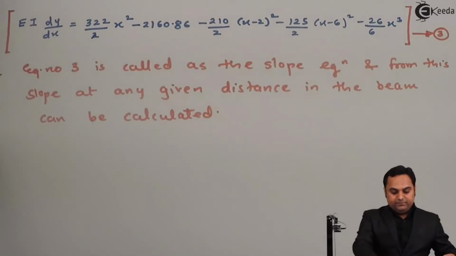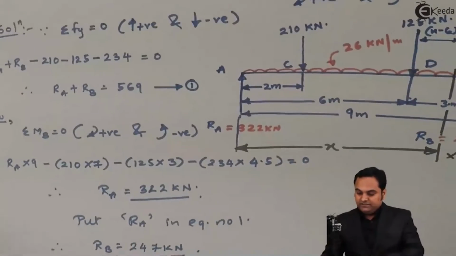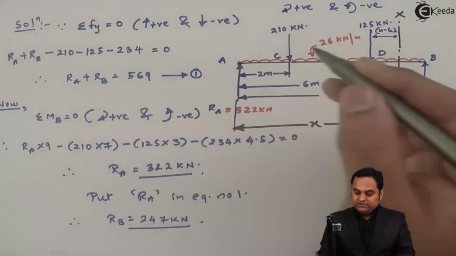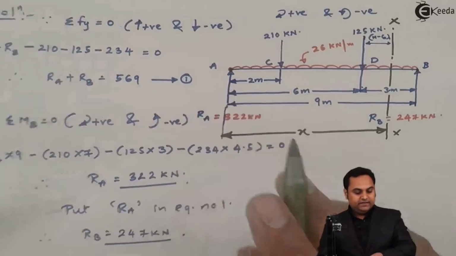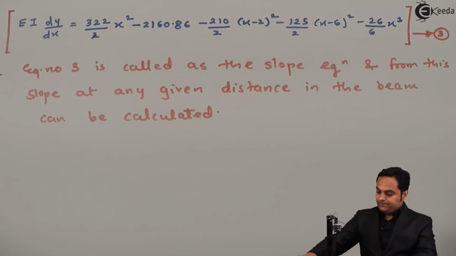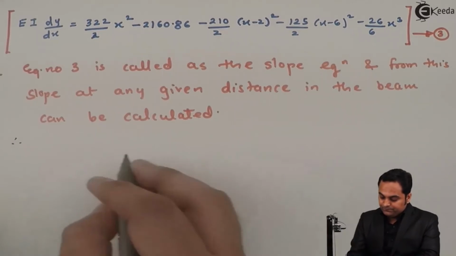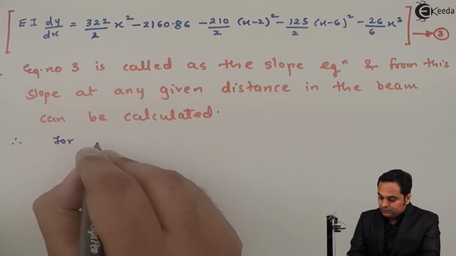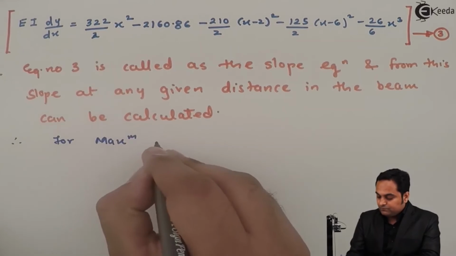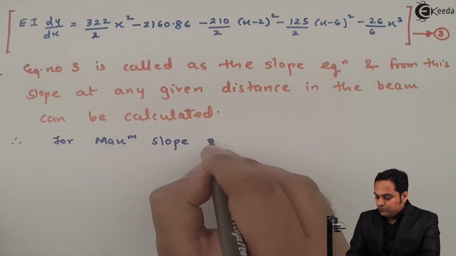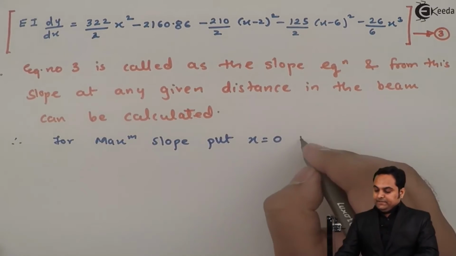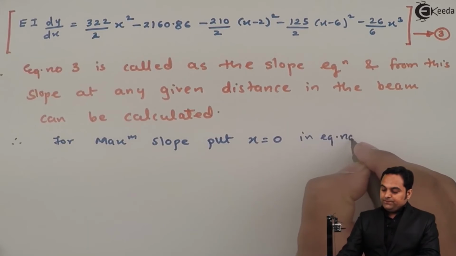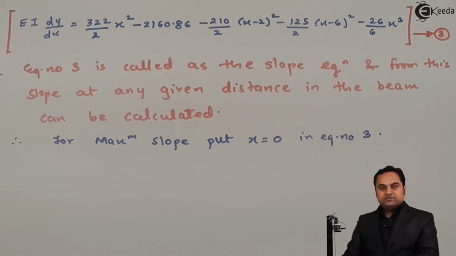Now for a simply supported beam, maximum slope occurs at each of the supports, that is either at A or at B. So first we will calculate at A. So here I'll say that therefore for maximum slope, put x is equal to 0 in equation number 3, because at the supports we have the maximum slope.